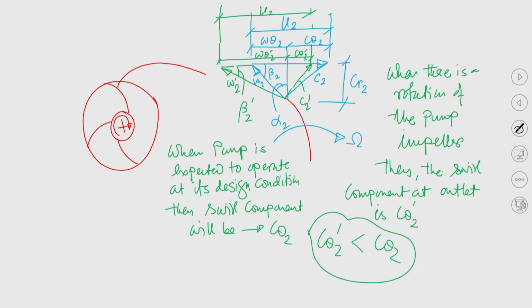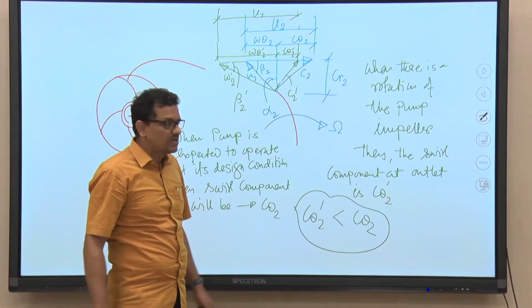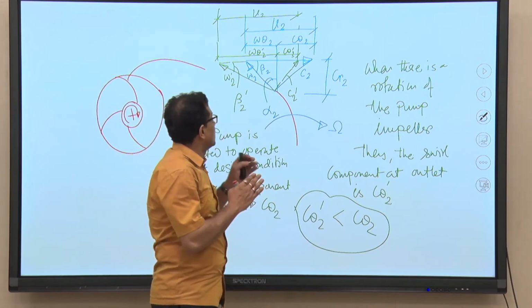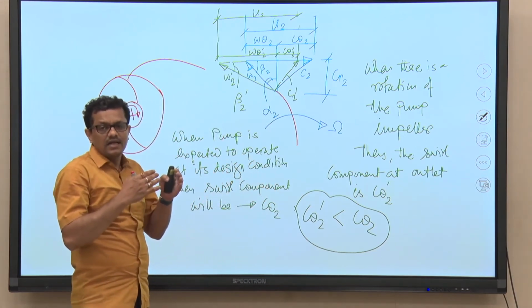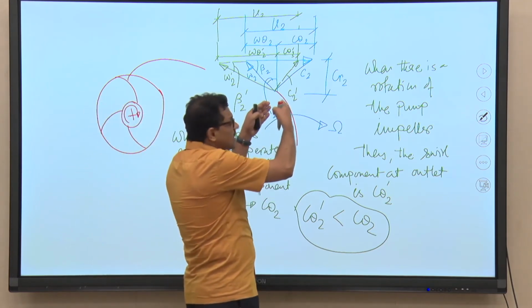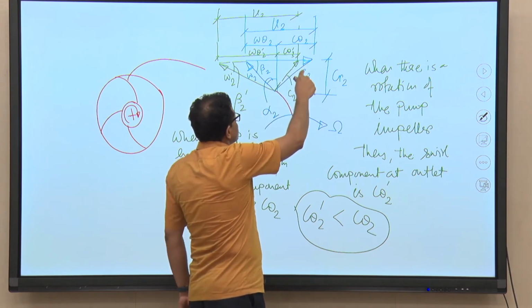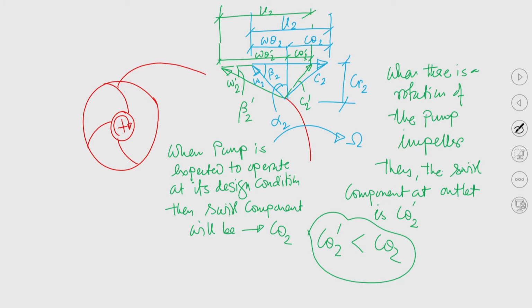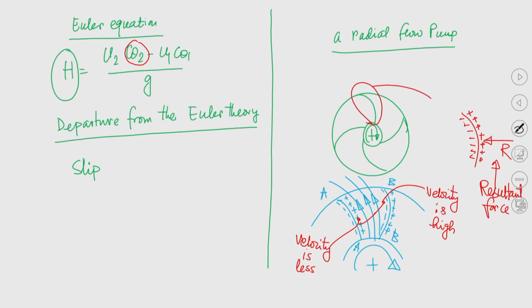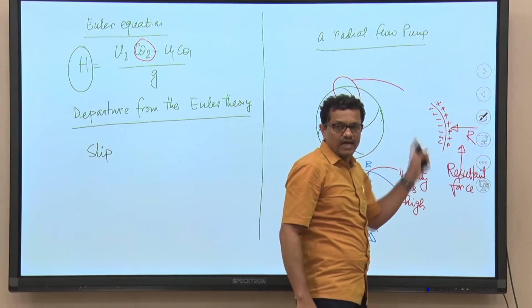Now, when there is a change in the mean flow direction because of this non-uniform velocity distribution, there is a shift of the absolute component of velocity from this point to this point, right. The existence of this non-uniform velocity distribution is essentially because of the geometrical consideration of the pump blade, and also the resultant force that will be acting here.